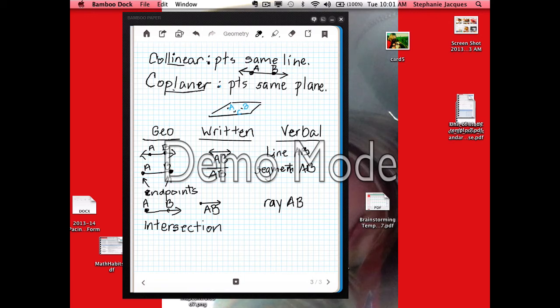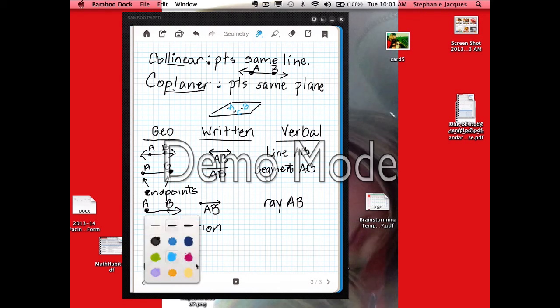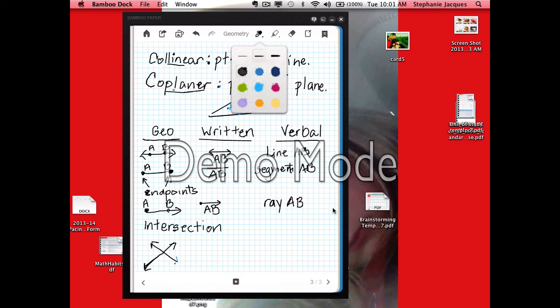So there's different kinds of intersection. In geometry, there's going to be line intersection. So let's say you have a line going this way and a line going that way. So they intersect. Okay.